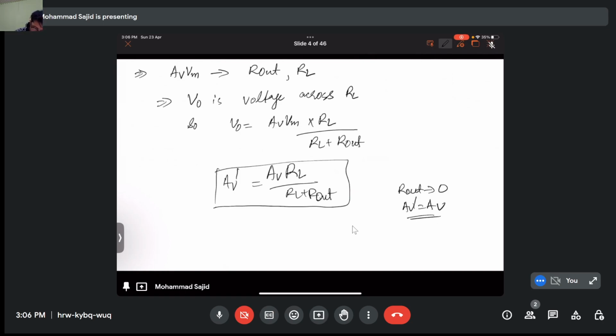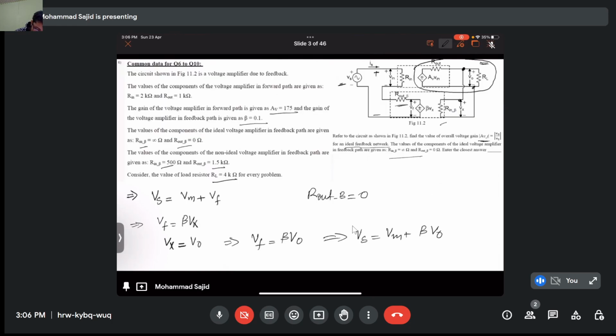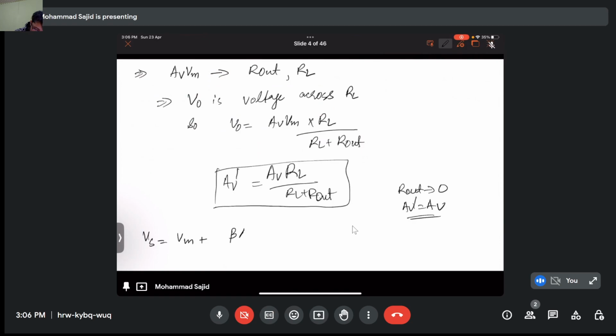So my Vs will be equivalent to Vin plus beta times V0, and V0 is AV Vin RL divided by RL plus R out. That means it is Vin times 1 plus beta AV dash. So my Vs is equal to Vin times 1 plus beta AV dash, right?